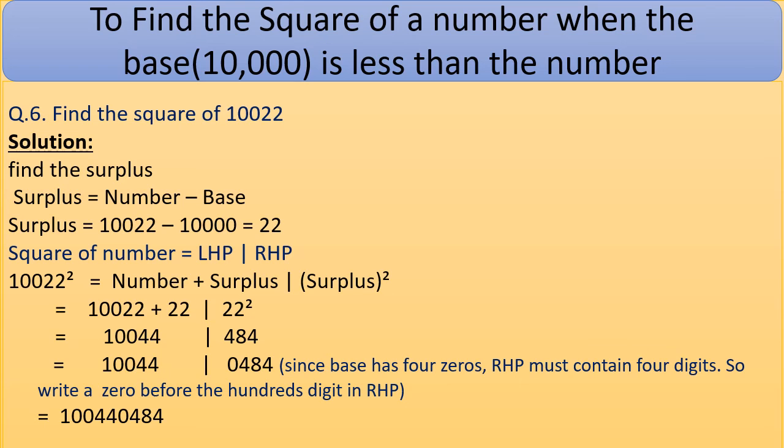Now the base has 4 zeros, so RHP must contain 4 digits. So write a 0 before the hundreds digit in RHP. So LHP will be 10044 and RHP will be 0484. Now combine these to get the answer. So we'll get 100440484 as our answer.